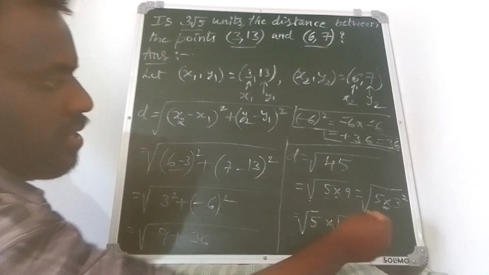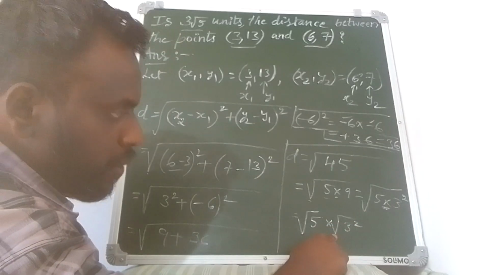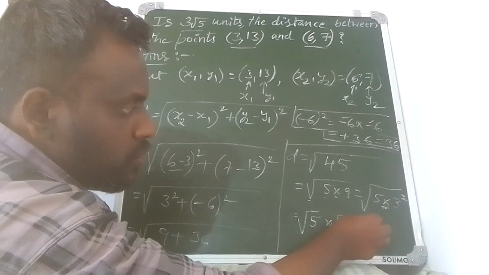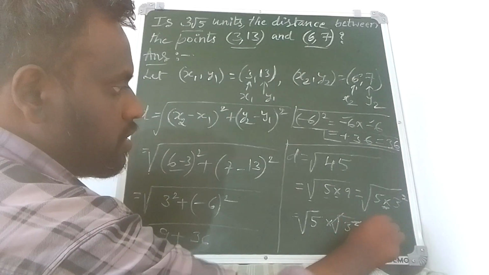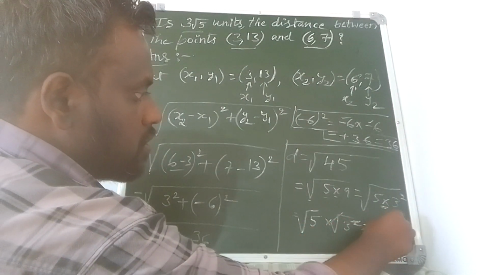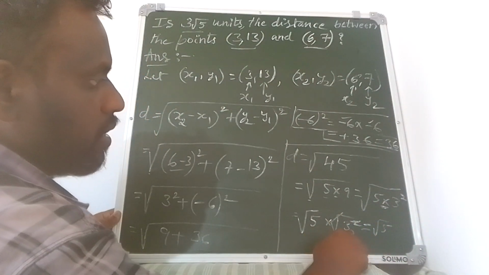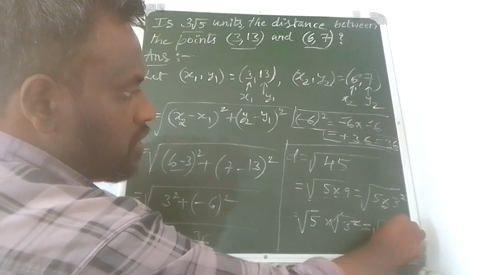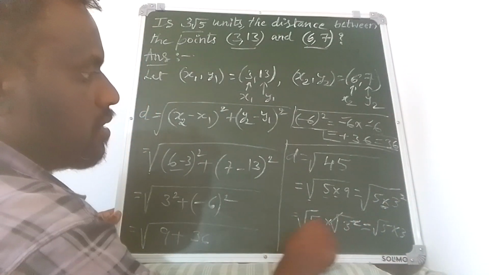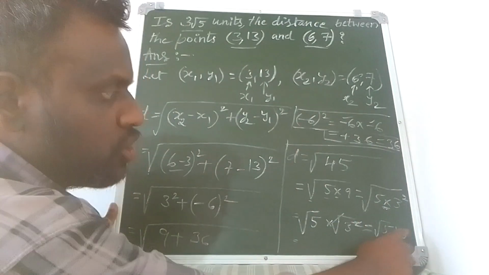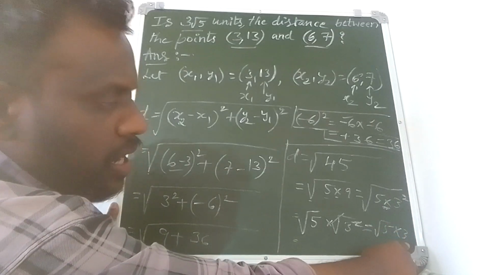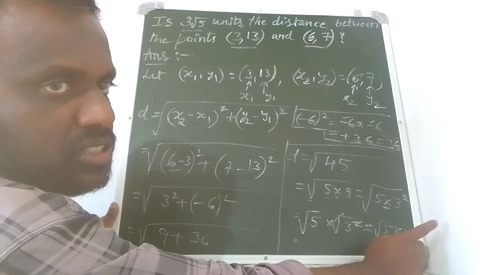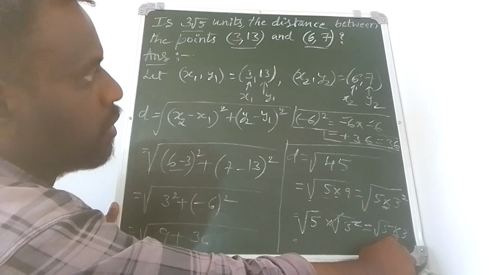Now see here we have square root and square, so this cancels out. So what is left? Root 5 into 3. Because of into symbol you can interchange, no problem. That means root 5 into 3 or 3 into root 5, both are same.